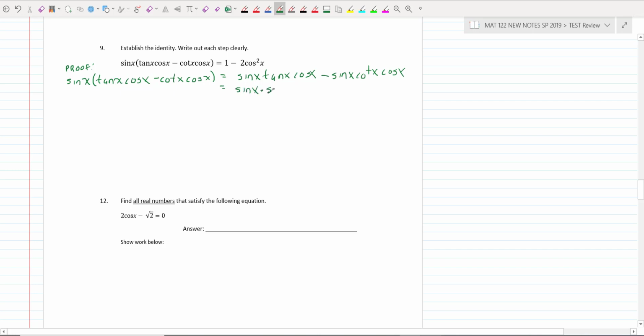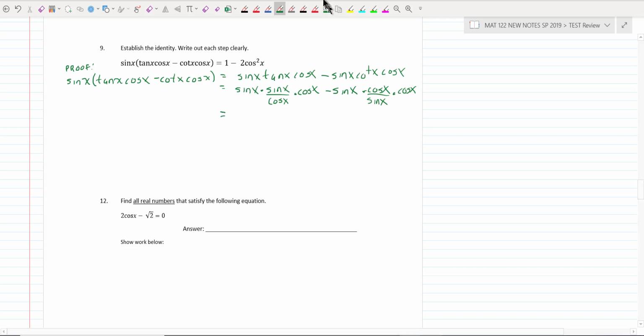The tangent is sine x over cosine x, so I'm using an identity. I'm going to leave the cosine the way it is because that will divide out. And then I'm going to bring down the sine x. The cotangent is cosine x over sine x, and then times cosine x. Okay, so just using basic fundamental identities.